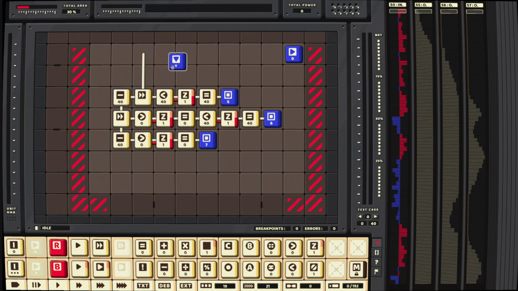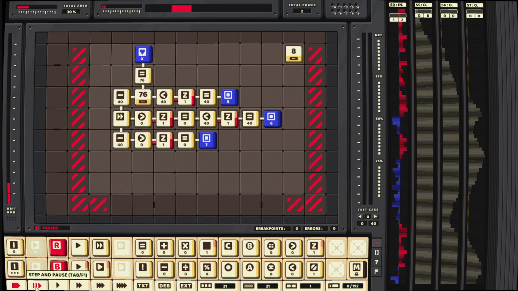Well, let's test this. Let's make sure that this idea at least is right. This is 76, please. Oh, this is the wrong kind of port. So we get a 76, which should result in 40 being written here, 36 written here, and 0 here, right?